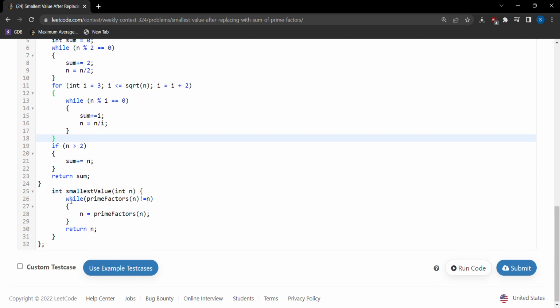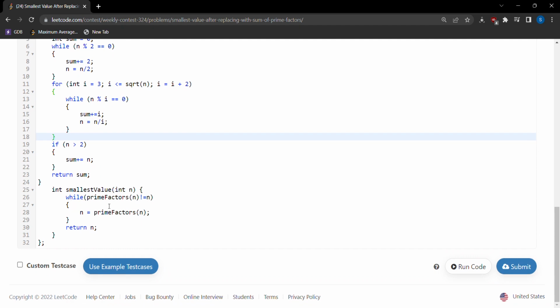Now what have I done in the main function? While prime factors of n is not equal to n. Now what have I done here? We have to see for a prime number, you have to visualize it.